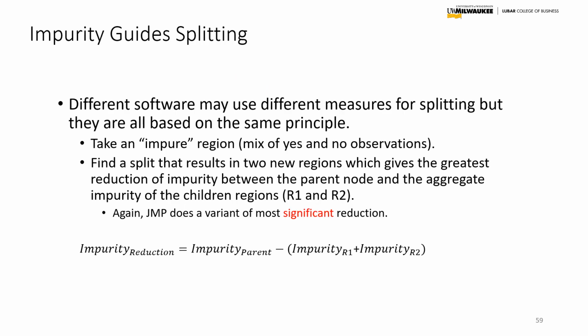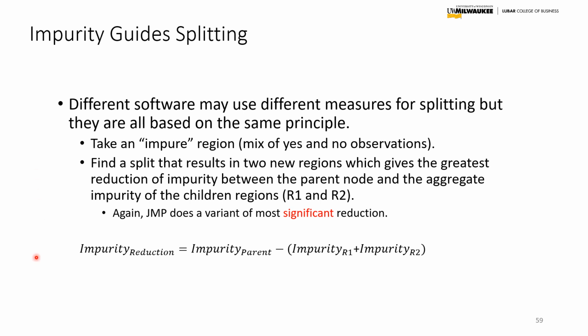Okay, we've seen the visualization. Now let's talk software. Different software may use different measures for splitting, but they're all based on the same principle, namely coming up with some measure of impurity. What software will do is take an impure region, a mix of yes and no observations, and find a split that results in two new regions which give the greatest reduction of impurity between the parent node and the aggregate impurity of the children regions, R1 and R2.